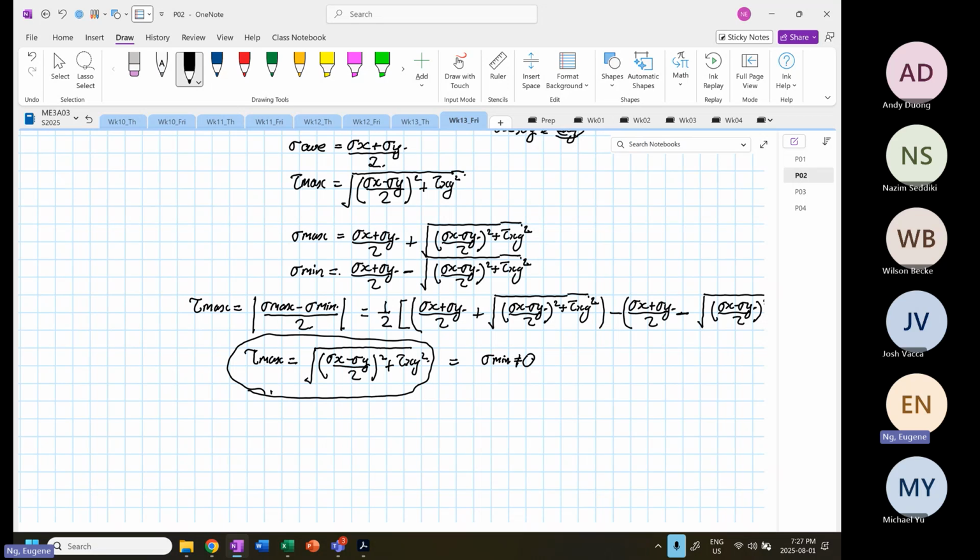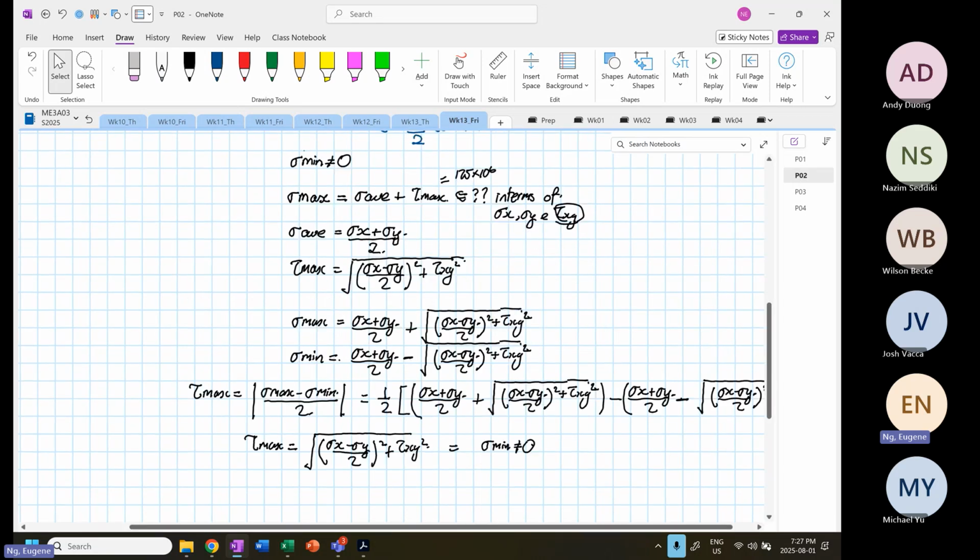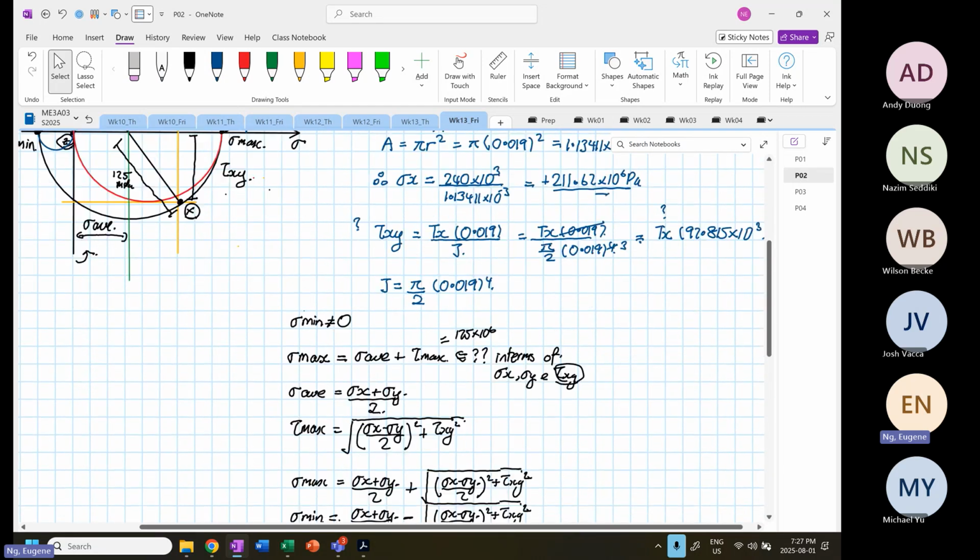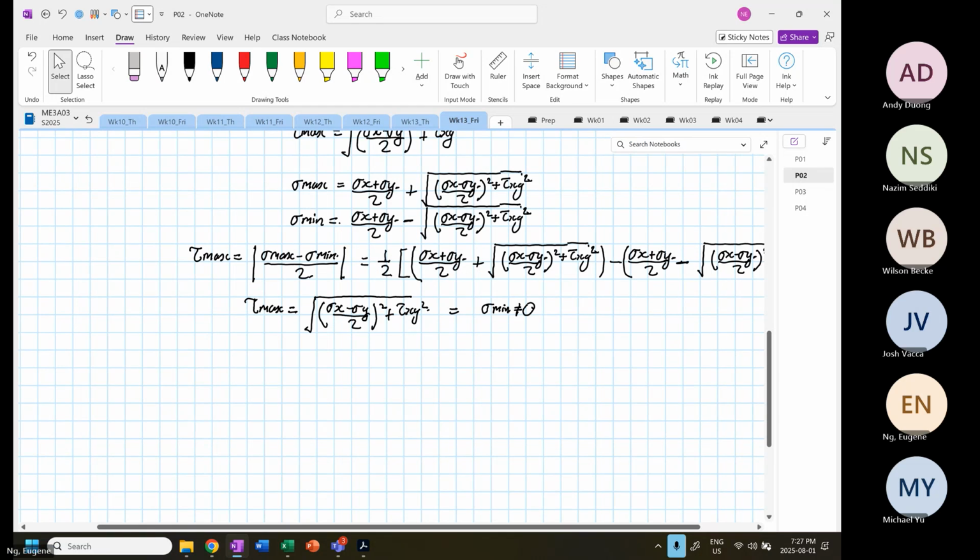Right. So from here we come up with stress max. So stress max, we know the maximum allowable is 125 times 10 to the power 6.